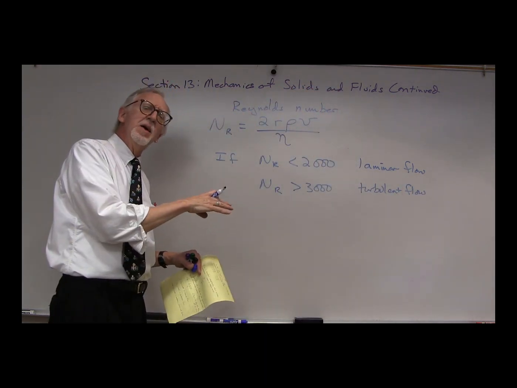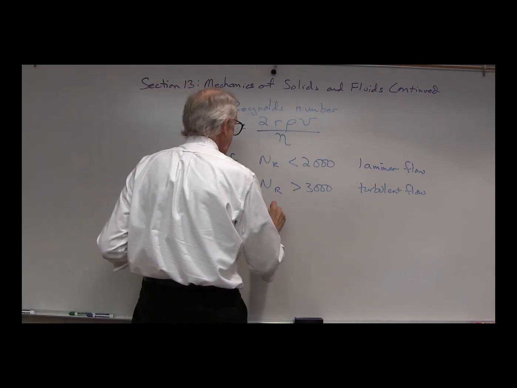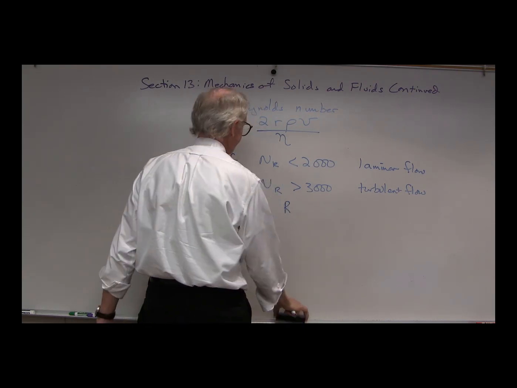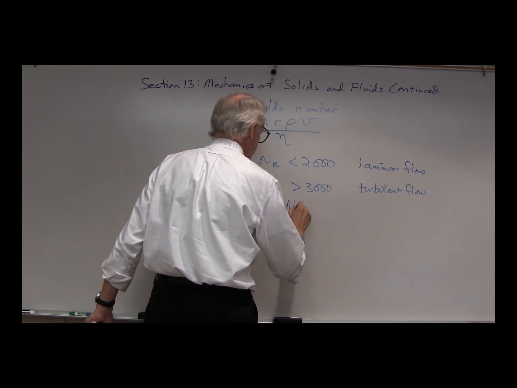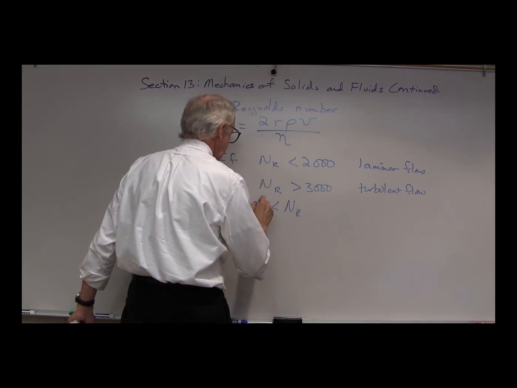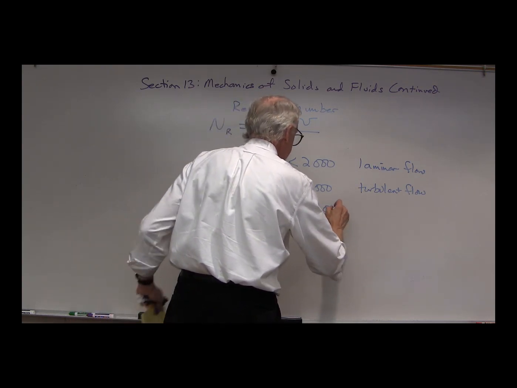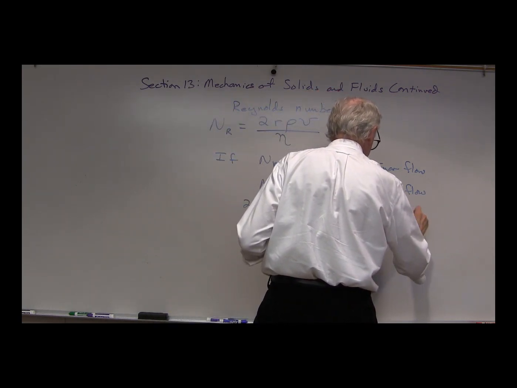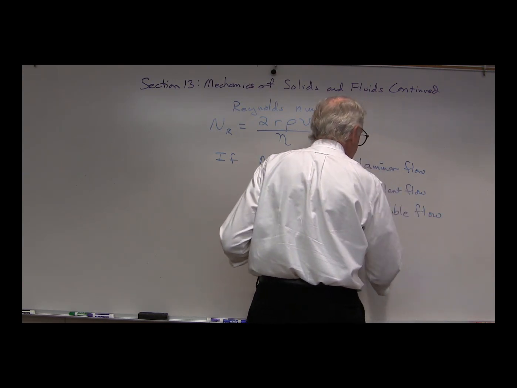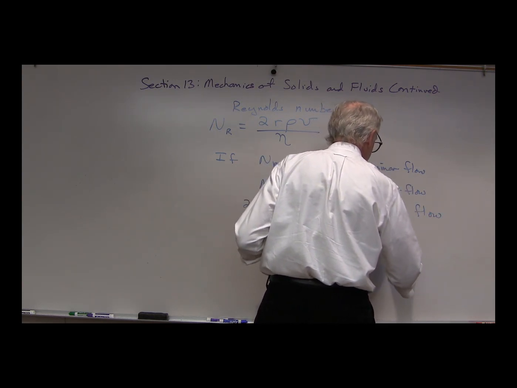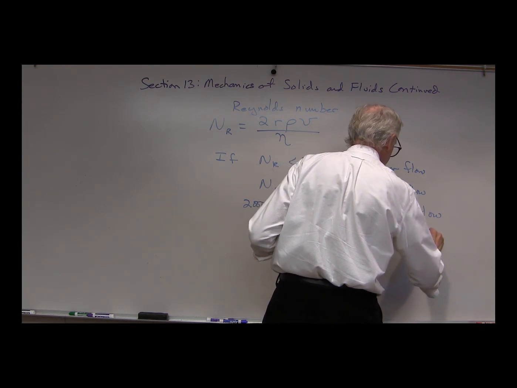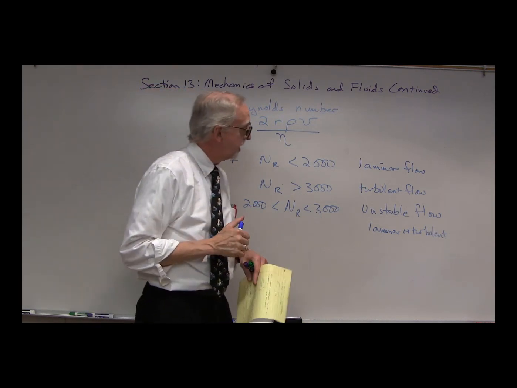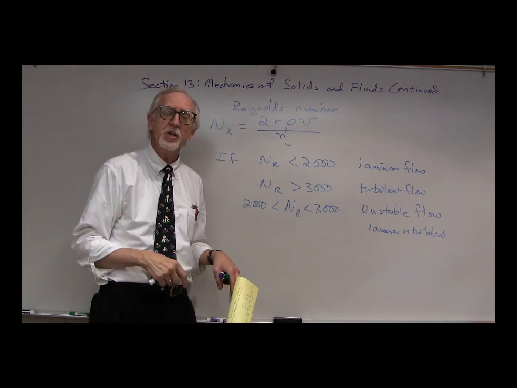And if we have a Reynolds number in between, greater than 2,000 and less than 3,000, we get unstable flow. It can switch back and forth from laminar to turbulent. And in that case, we get some very, very strange and changing flow patterns.